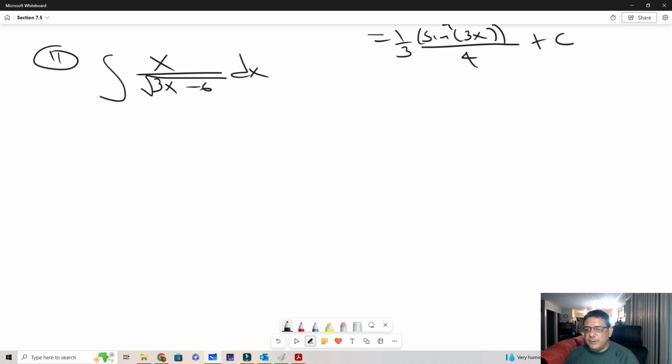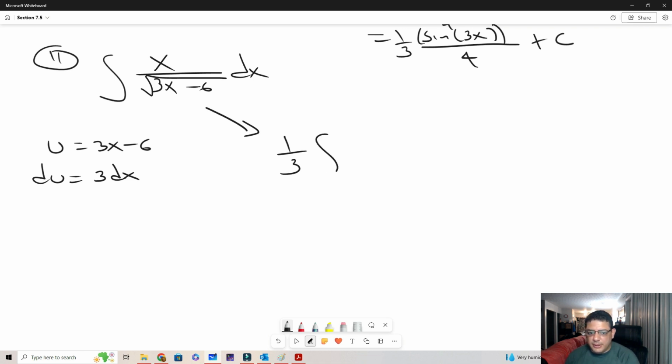So what we're going to do is transform the denominator into something simple that we can arrange. So if we let u equals 3x minus 6, the du is going to be very simple. It's going to be 3dx.